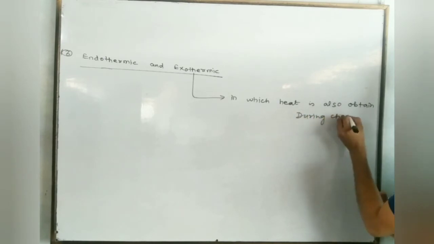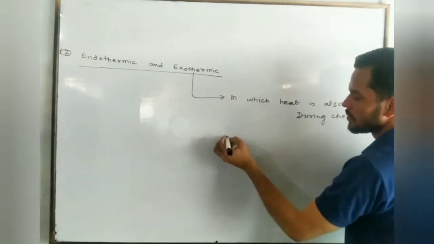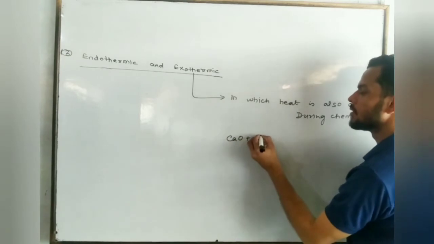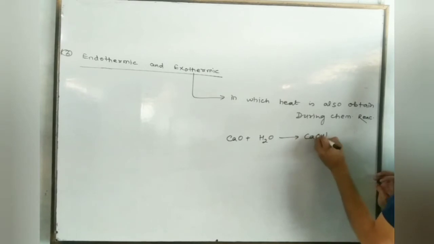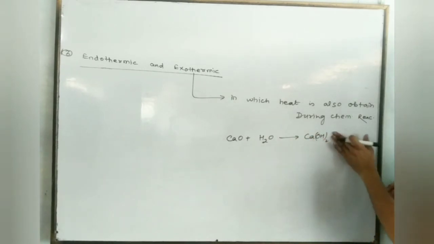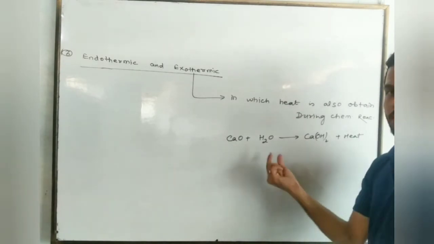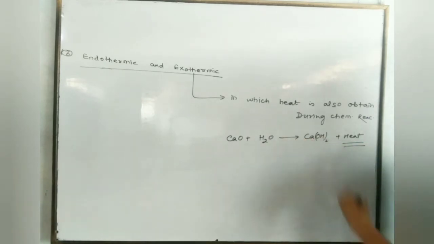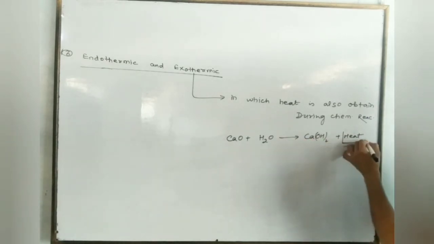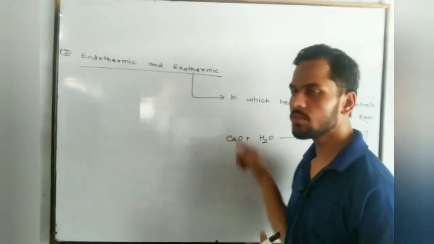For example, when water is added to calcium oxide, when CaO reacts with water, then Ca(OH)2, calcium hydroxide, and heat are obtained. Heat is also obtained after completing the reaction. So because heat is obtained during the chemical reaction, this reaction is known as an exothermic reaction.